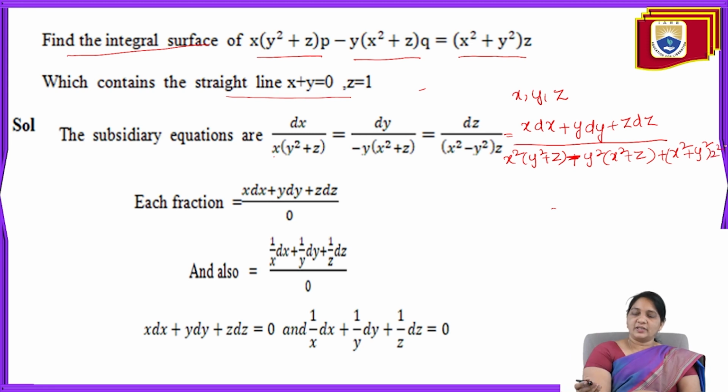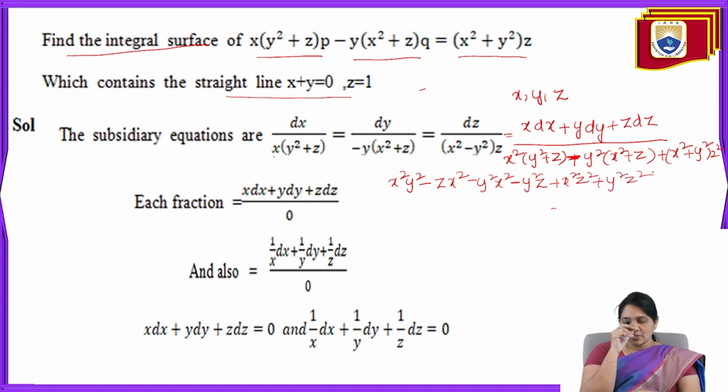Now I am doing here. This value is x square y square minus z x square minus y square x square minus into plus minus y square z. Next plus here x square z square plus y square z square. So here I multiplied with x.